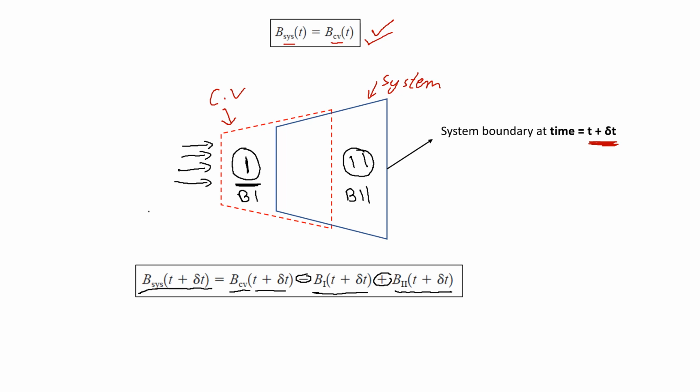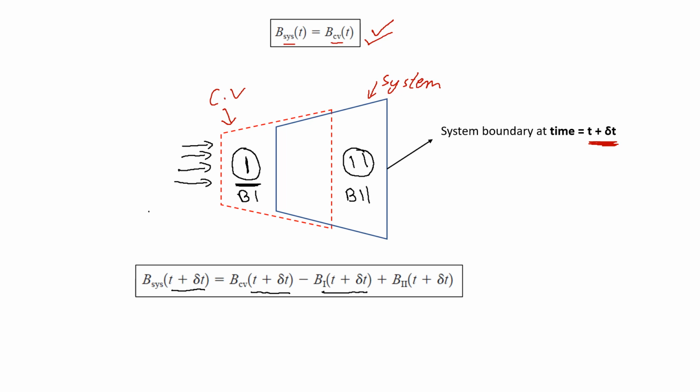So here now again, let's go through this equation. My extensive property of the system at time t plus delta t, when they are not coinciding, will be equal to the extensive property in the control volume at time t plus delta t, minus the extensive property of the fluid going into the system.